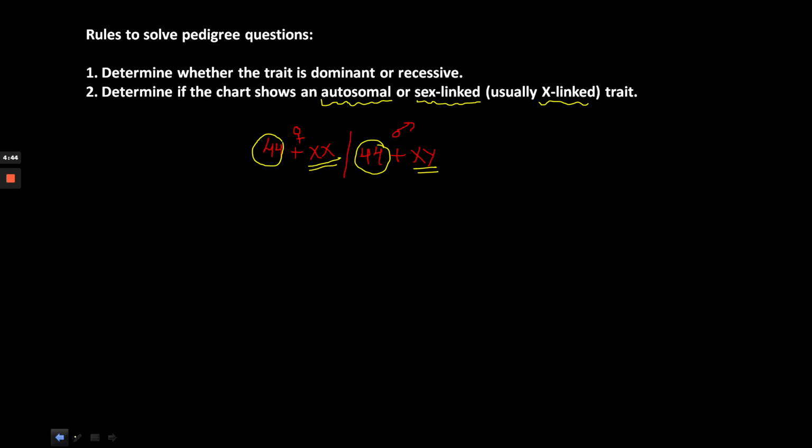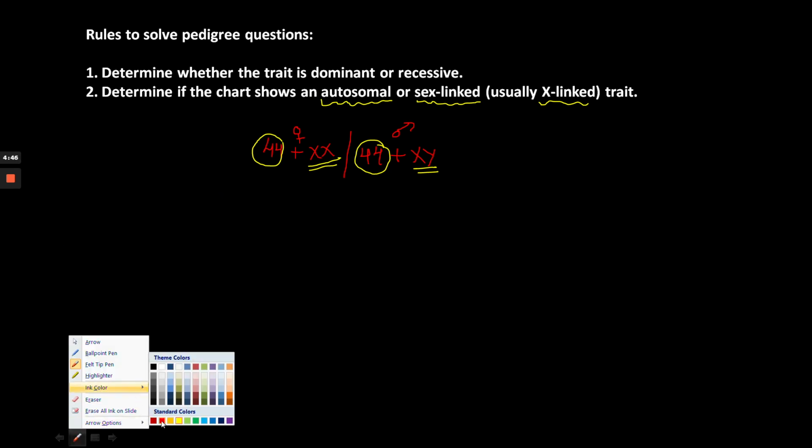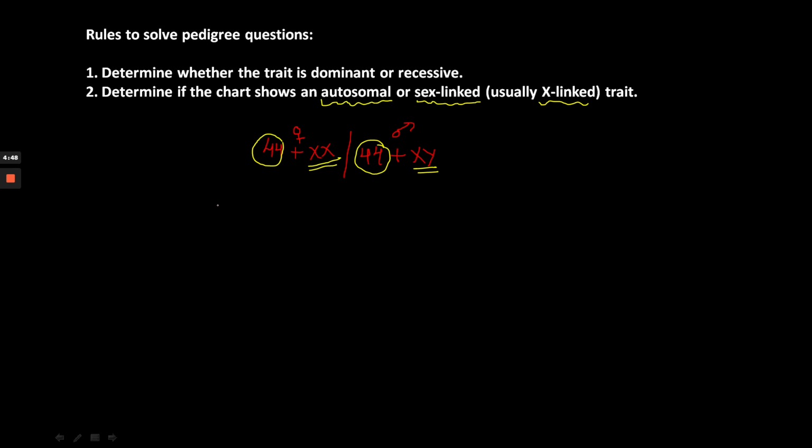Now based on all these things, the disorder can be of four types: autosomal dominant, autosomal recessive, sex-linked dominant or sex-linked recessive. So let us write it up. The given pedigree analysis can basically be of four types. The very first one is autosomal dominant.